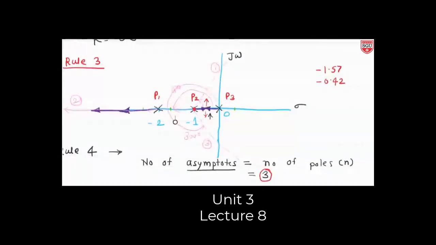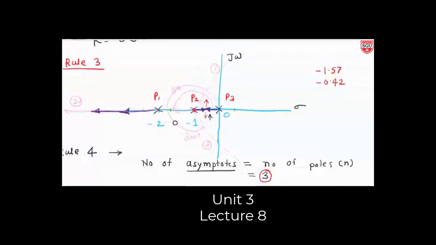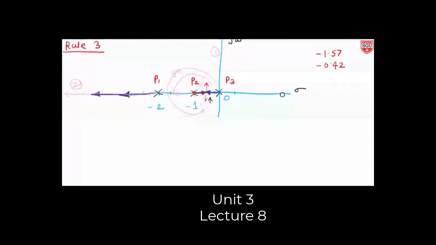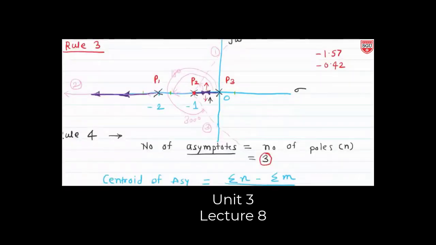Is it possible that minus 1.57 is the breakaway point? On the graph, if you observe, minus 1.57 will come somewhere here. Not possible. After minus 1. Okay. Is it possible that the breakaway point is present here?